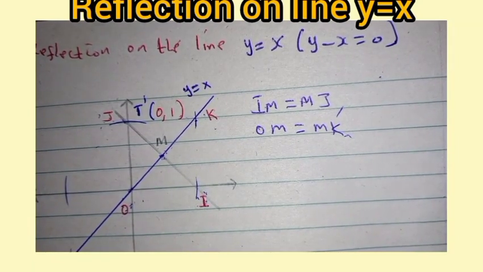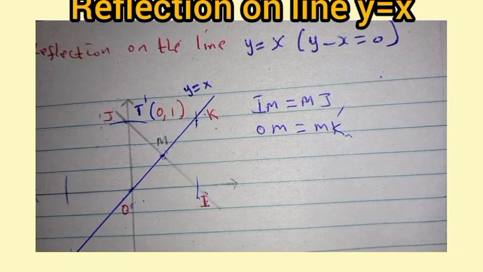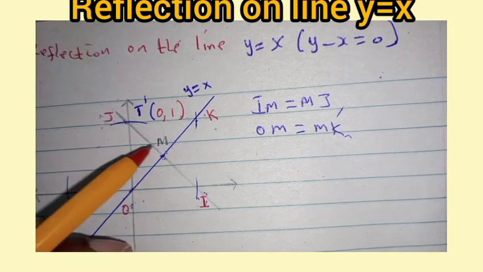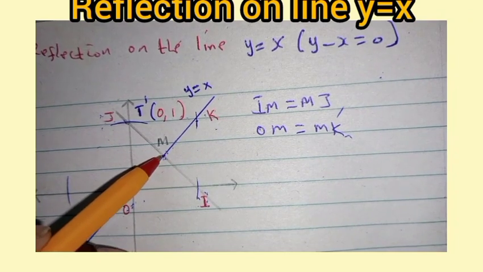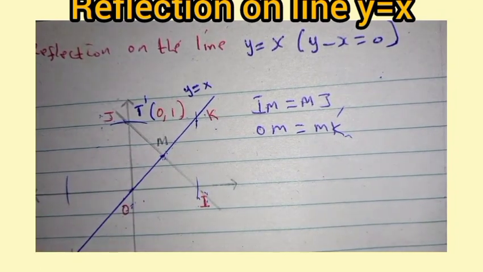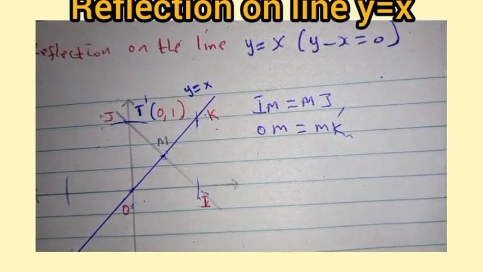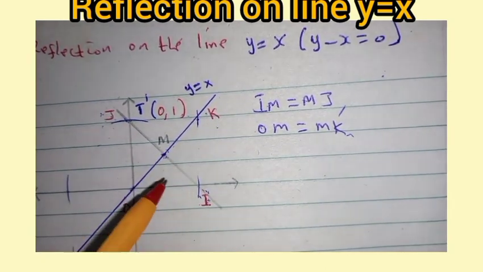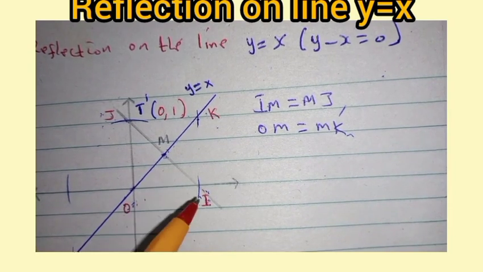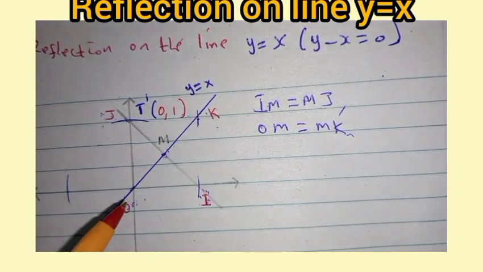Similarly, you get the image of J on this mirror line. So the distance from J to M is equal to the distance from M to I. Here we are also using the fact that we have two triangles which are isosceles, triangle JOI and triangle KOI.